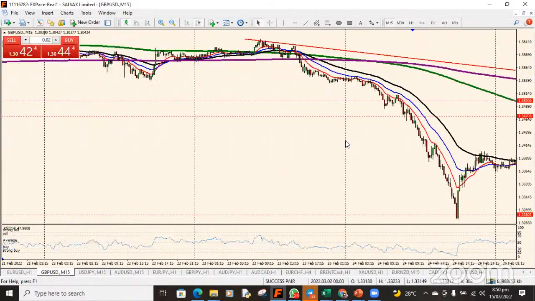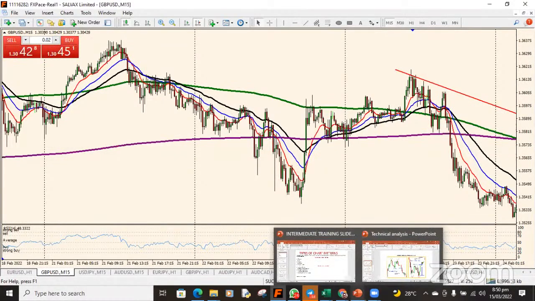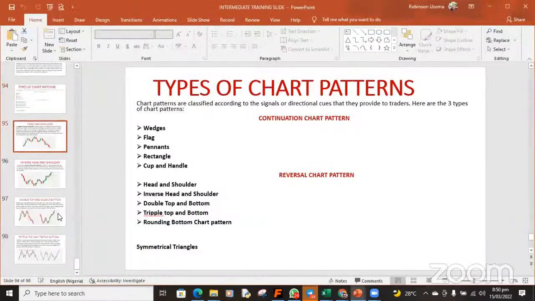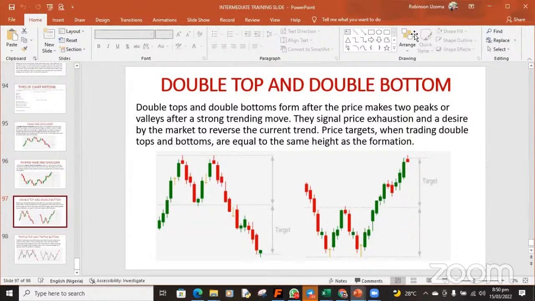Now, let me make something clear. The textbook double top and double bottom, you discover that the top and the bottom are equal in height.